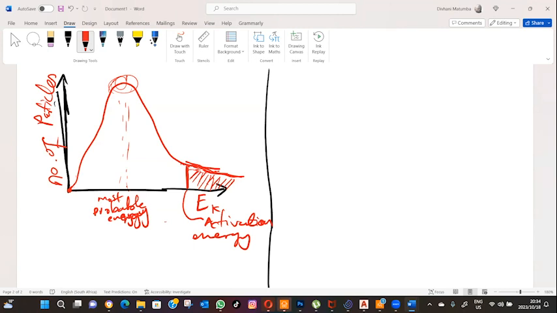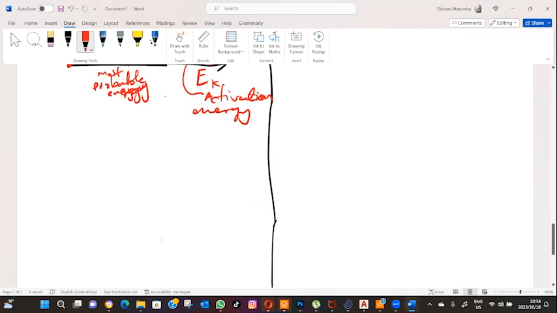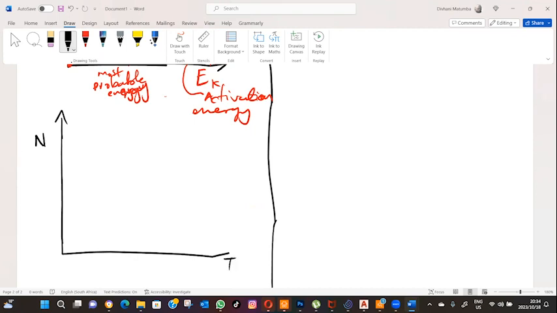Now, what happens if you change the temperature?